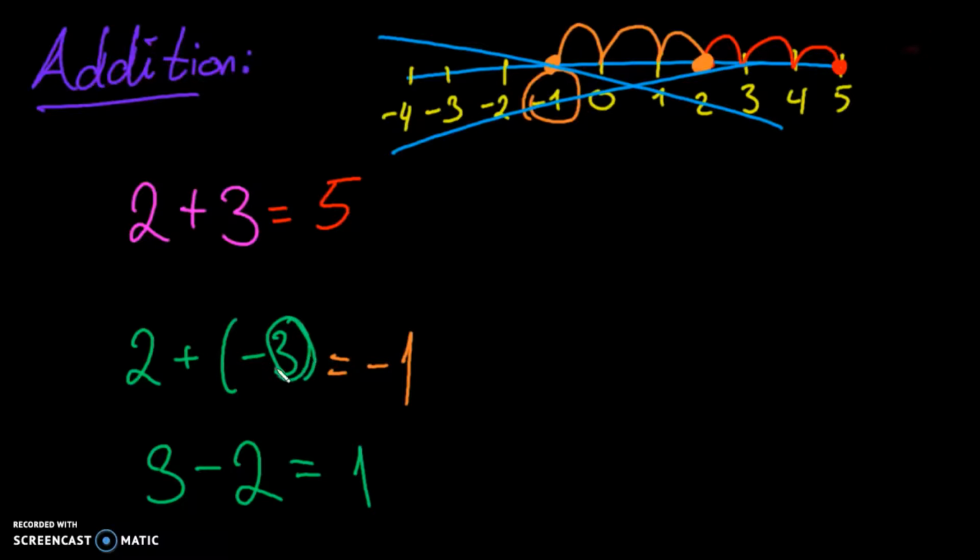You take the bigger number without the minus. Now, of course, 2 is bigger than negative 3. Forget about the minus for now. So 3 minus 2, you get 1. Then you look at the sign of the bigger number. The bigger number has a negative. So that's why you add a negative to the answer.